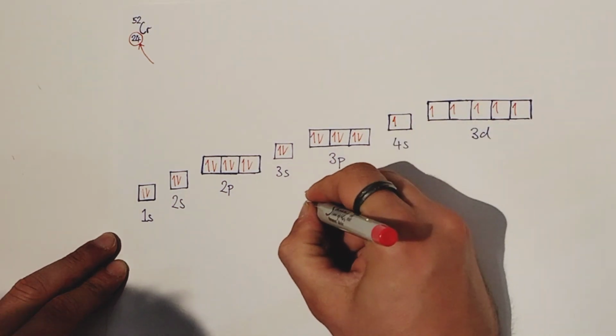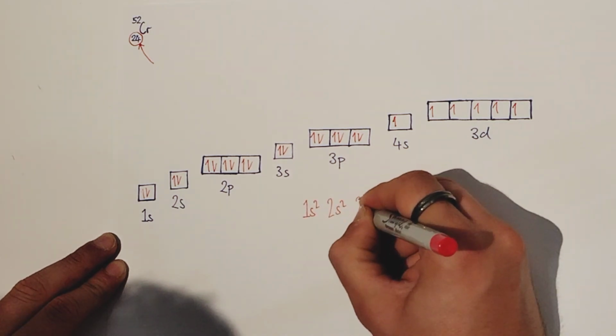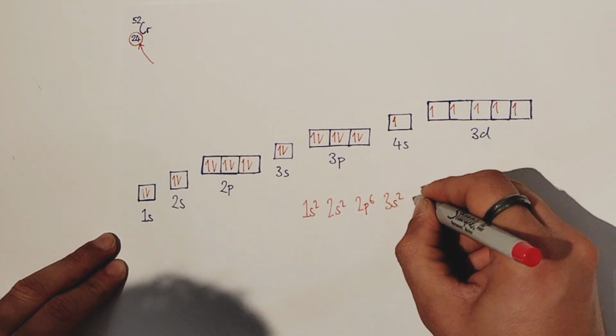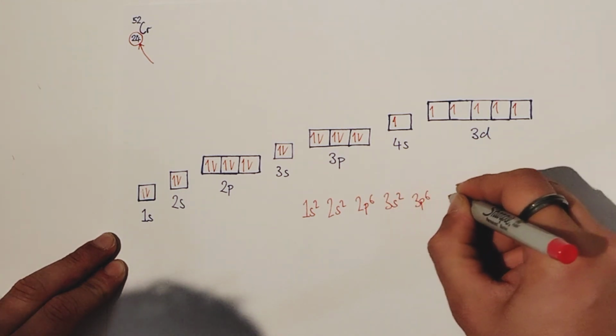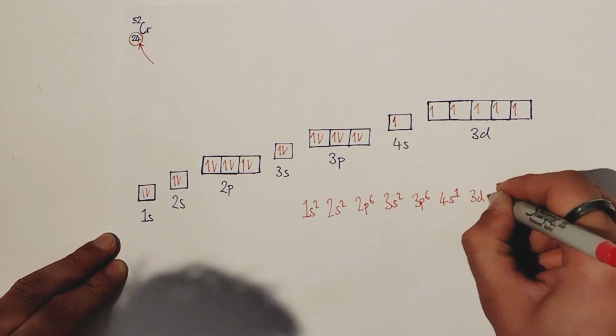In other words, that's 1s2, 2s2, 2p6, 3s2, 3p6, 4s1, 3d5.